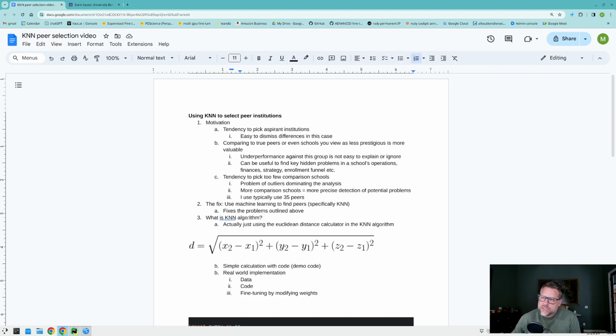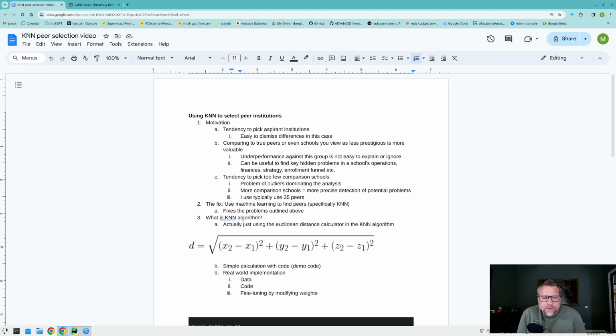We do it in many more dimensions than that, and also allow for modifying the weights. But I'll show you how that all works with the detailed case with St. Xavier.